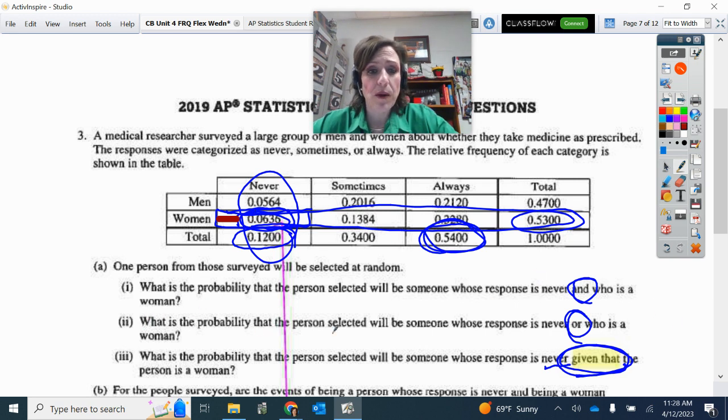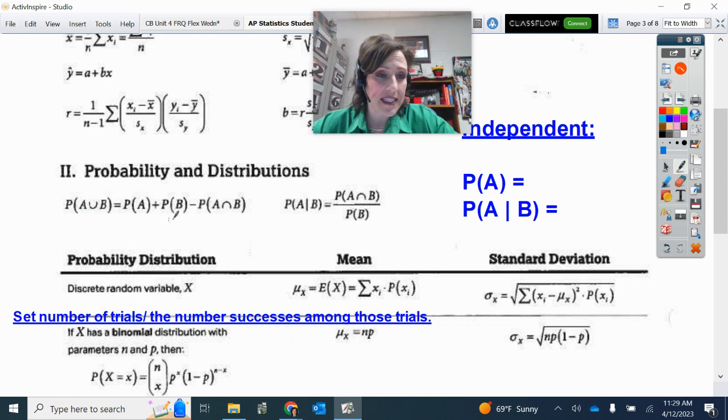So part 2, what's the probability that it's never or who is a woman? So that's collective, all the never plus all the women, but don't double count this intersection. So that is this here.